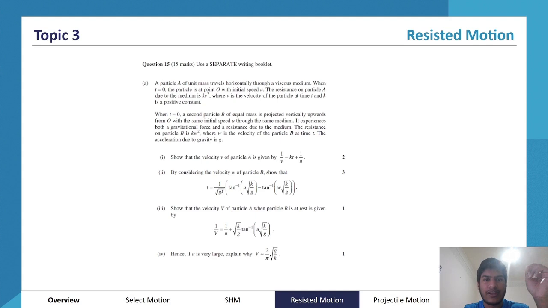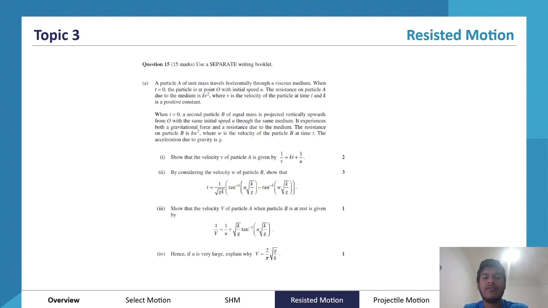So we've got a unit mass particle that is initially having speed u, particle A, and it experiences both a gravitational force and a resistance due to the medium. The resistance on particle B is kw squared, where w is the velocity of the particle. At time t, the acceleration due to gravity is g.